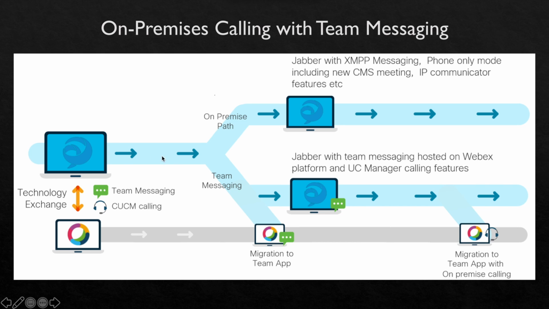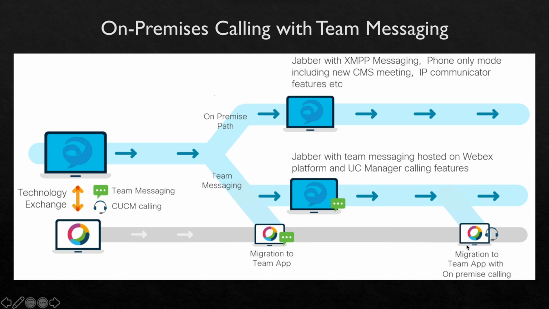We allow Jabber to register right here to Webex Control Hub and then make Jabber work just like the Webex Teams client works, so that if people down the road decide I'm going to switch over to Webex Teams, that migration's a lot easier because it's already in line with that path.